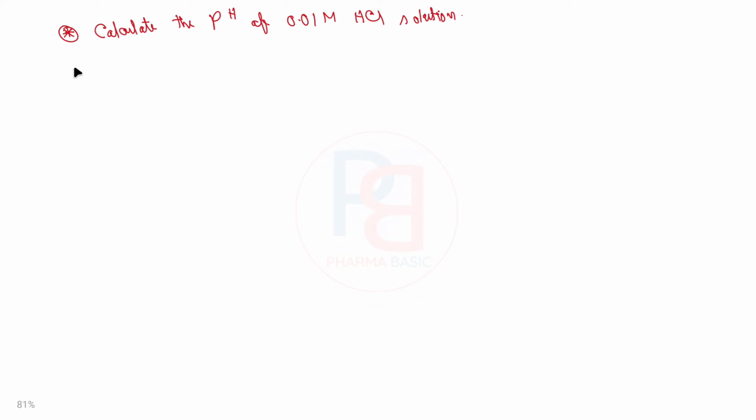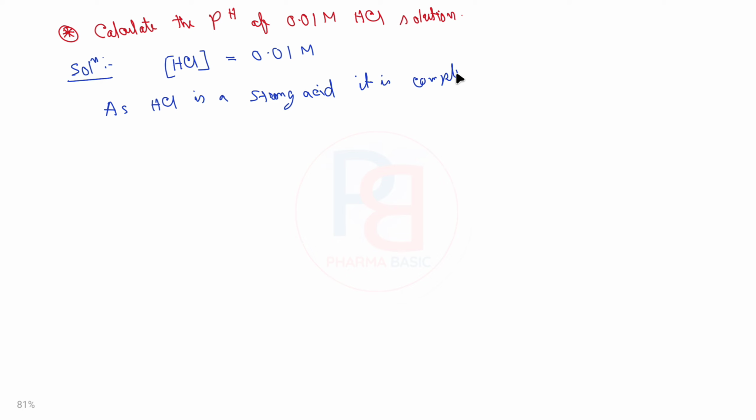In this problem, the concentration is 0.01 M. As hydrochloric acid, HCl, is a strong acid, it is completely dissociated in water. When HCl is dissolved in water, it produces: HCl plus water gives hydronium ion and chloride ion.